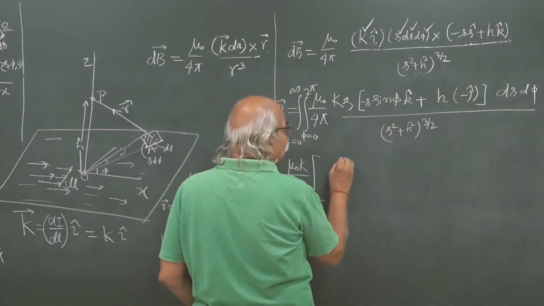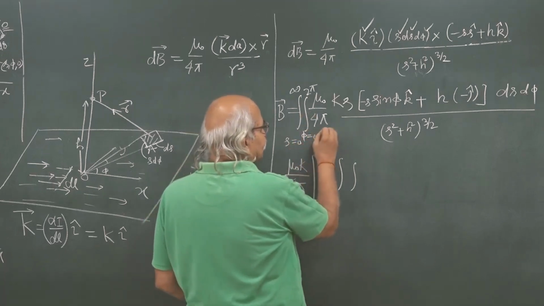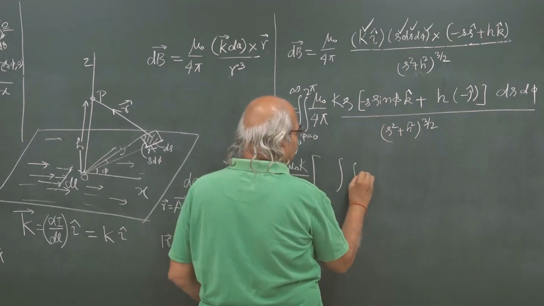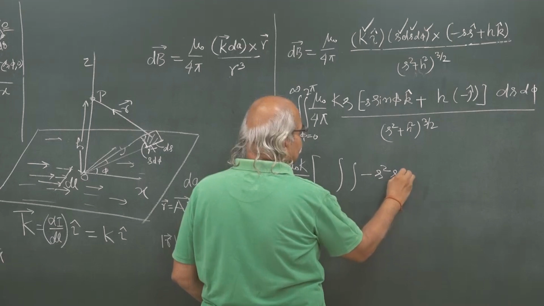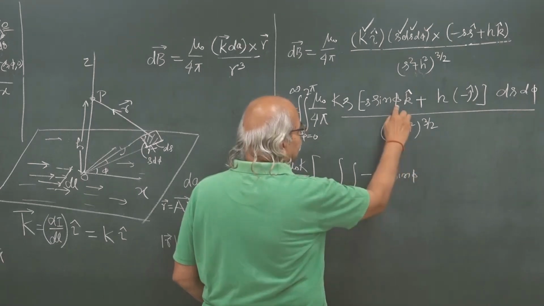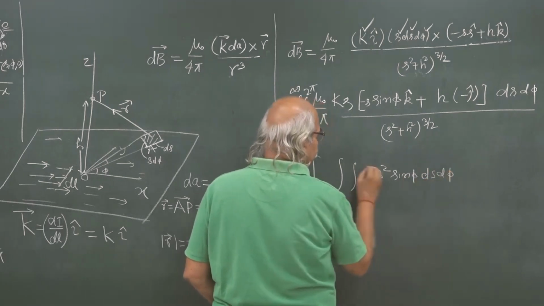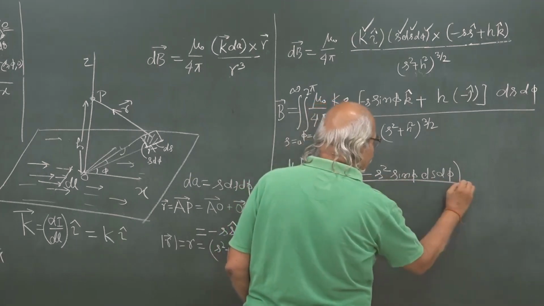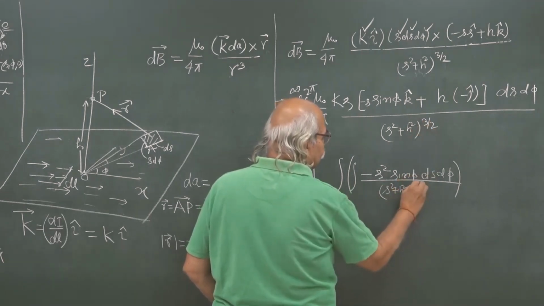So, we will write in two parts, one is double integration, one is for s, one is for phi, and what is there? Minus s square sin phi ds d phi, divided by s square plus h square to the power 3 by 2.